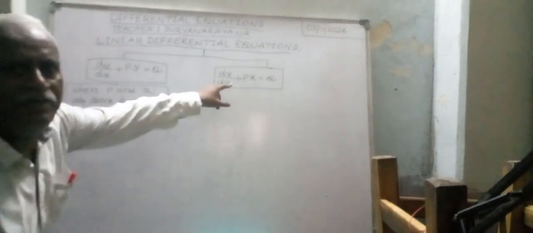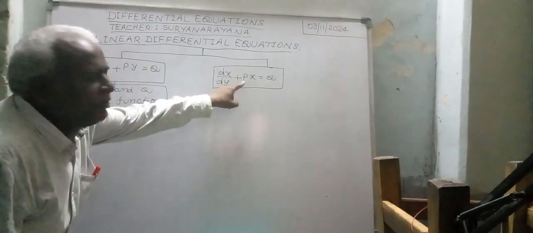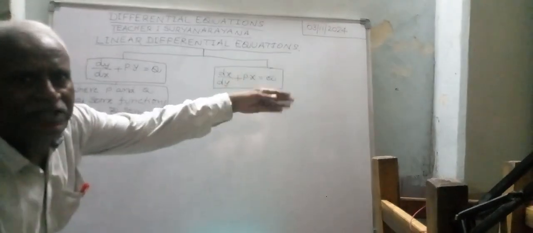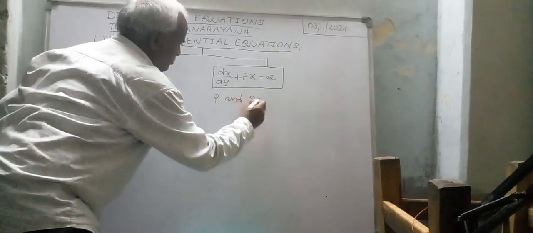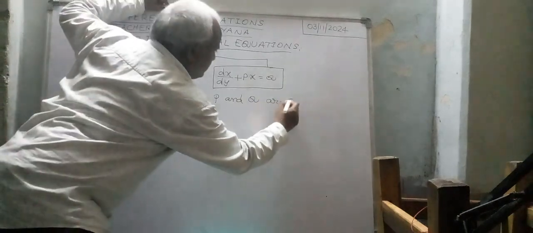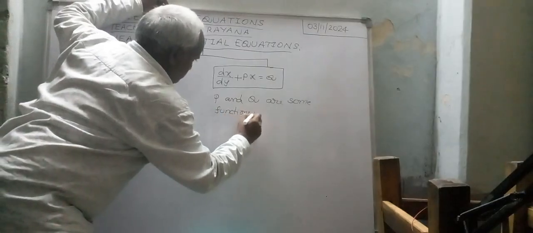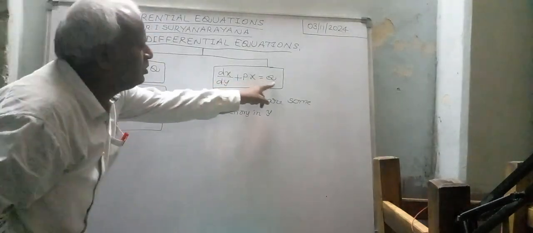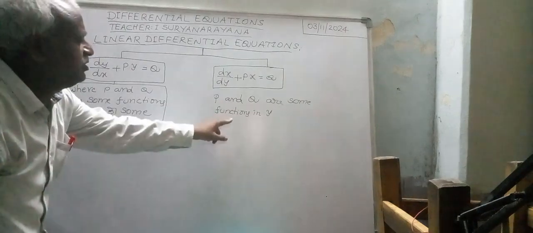Whereas in this type of differential equation, P is nothing but the coefficient of x, and Q is nothing but the quantity which is written on the right side of the equation. These two, P and Q, are some functions in y.